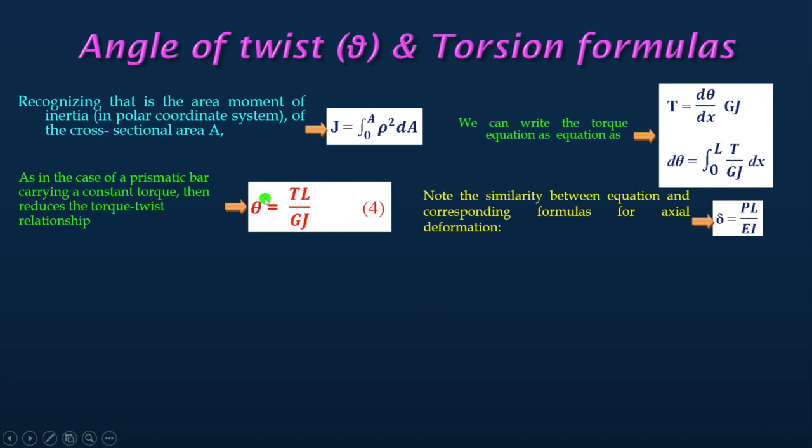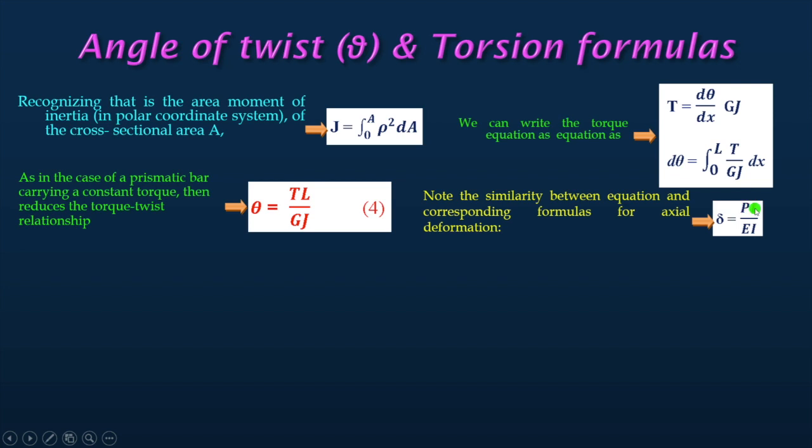And this equation is similar to the linear deformation, in case of compression or extension, that I told you at the starting of this lecture, that under the action of tensile or compressive force, the rigid body deforms, means is compressed or elongates. In that case, the elongation delta equals PL by EI.